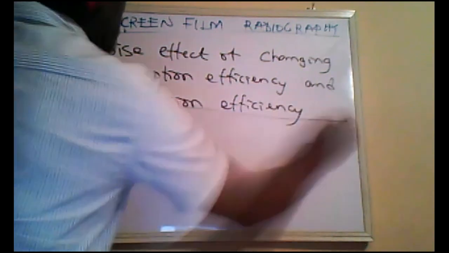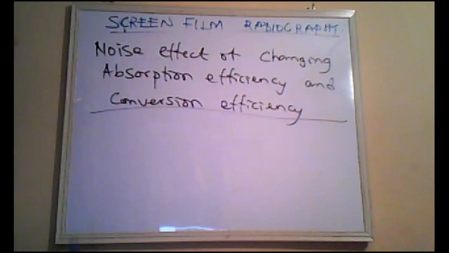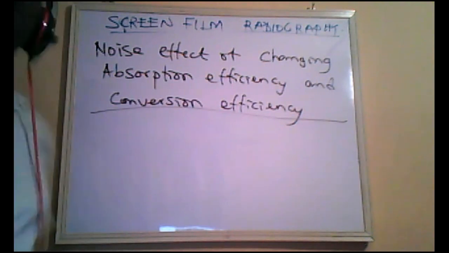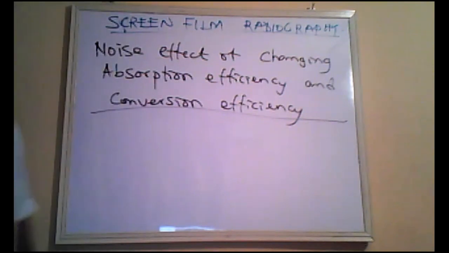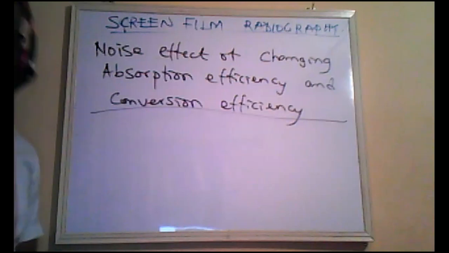I want to look at the noise effects when we change the absorption efficiency, or improve the absorption efficiency of a screen. And I also want to look at the effect of noise when we maybe increase or decrease the conversion efficiency of a screen. Because we need to know at this point what noise is. Noise has to do with the number of X-ray photons or light photons that have been used to form an image.